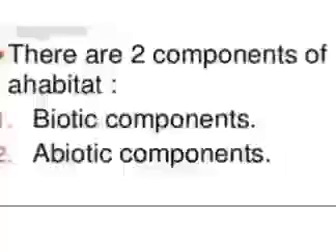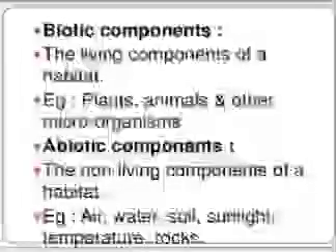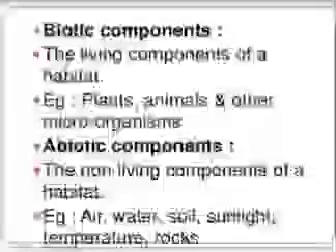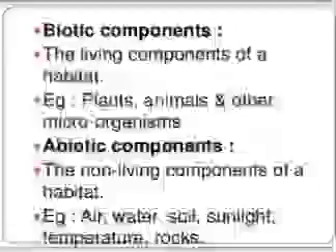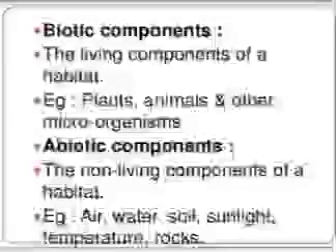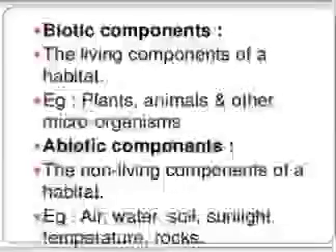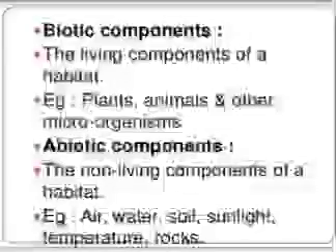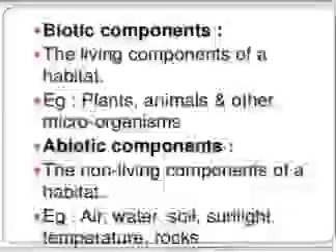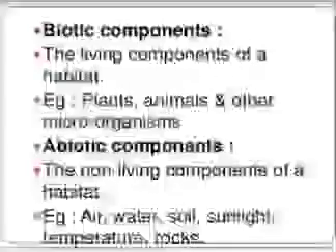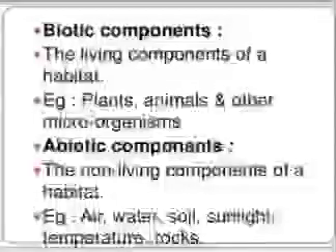Biotic components are the living components of a habitat, for example, plants, animals, other microorganisms, insects, etc. Abiotic components are the non-living components of a habitat, for example, air, water, soil, sunlight, temperature, rocks, etc.